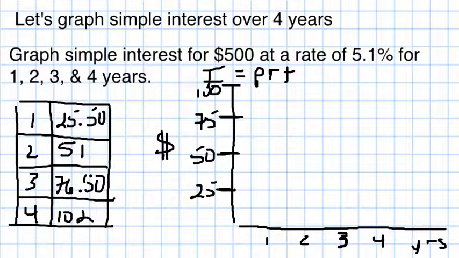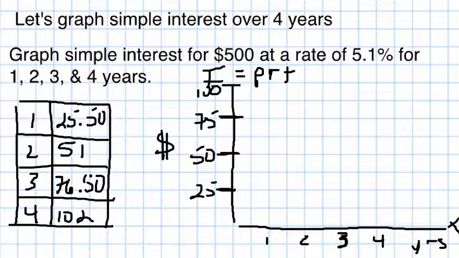Okay, so now I'm going to graph that, and as you can tell, I've made a graph on this slide. I'm going to put my time in years along the horizontal portion of the graph, which is my x-axis, and I'm going to put on the vertical axis, which is my y-axis, my money. And I've counted off by 25s, which is going to be pretty close to what my chart is showing me.